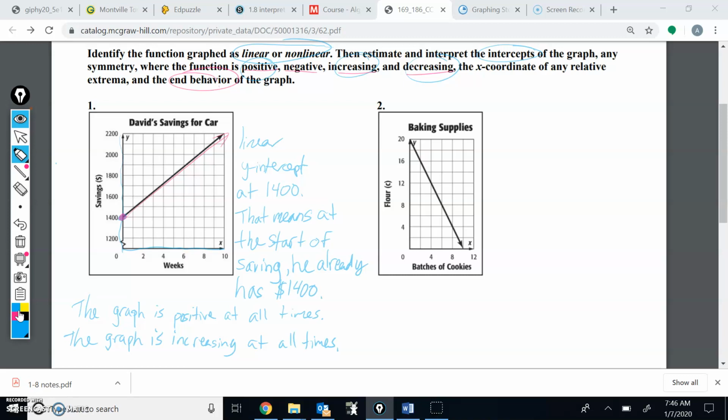The way we write that in a sentence is that his savings will continue to increase if he kept on saving forever to infinity.